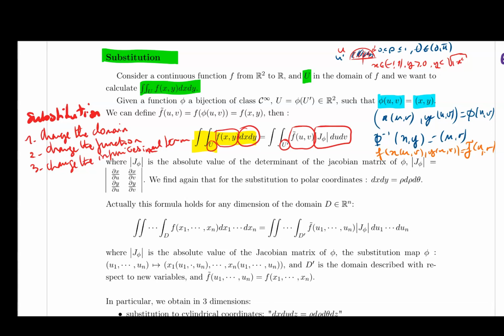Let's dig a bit more into where this formula comes from. But really don't forget the 3 steps for a substitution, in any order you want, but you have to perform all 3: change the domain, change the function, change the infinitesimal term. So let's understand where this formula comes from.